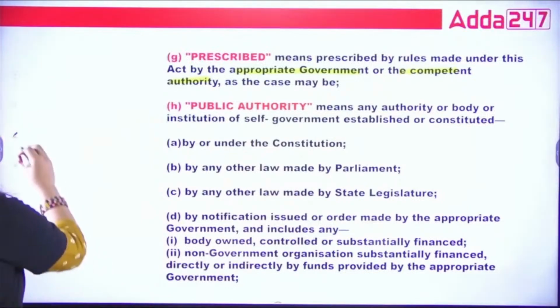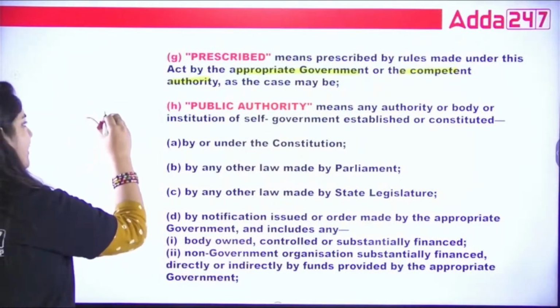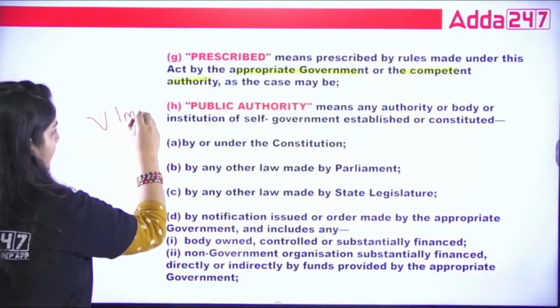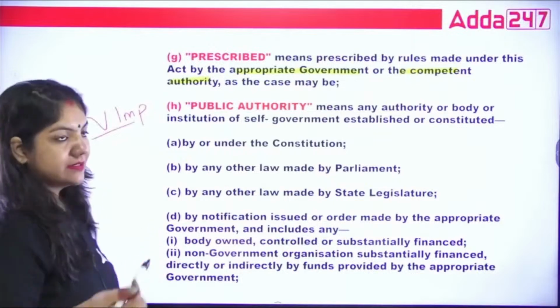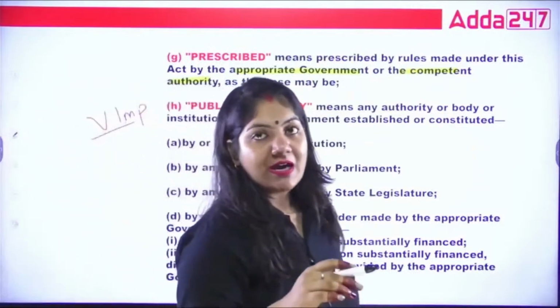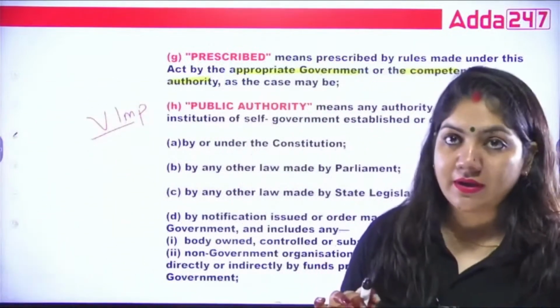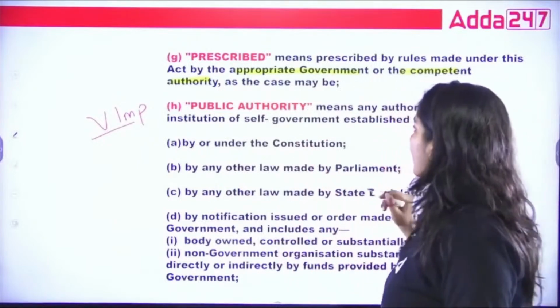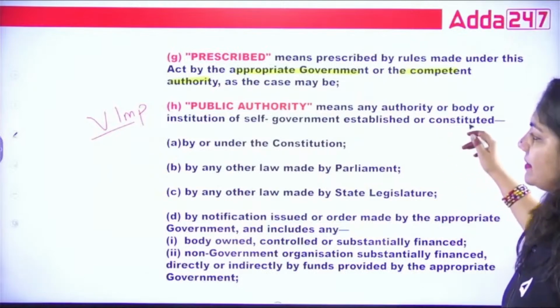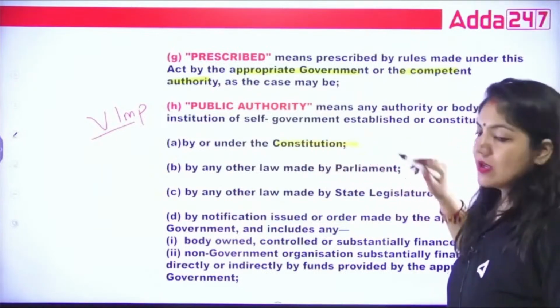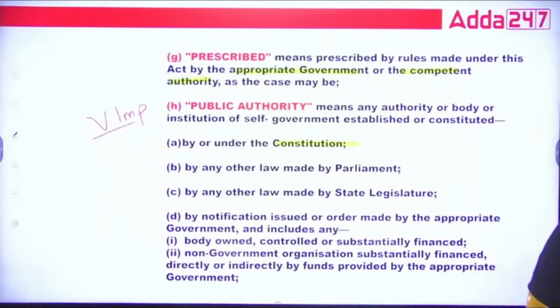What is public authority? Again guys, very important. Whenever we have to ask any question, we can ask only the public authority. So what exactly does public authority mean? Any authority or body instituted, established, or constituted by the Constitution. The Constitution is the father of law.